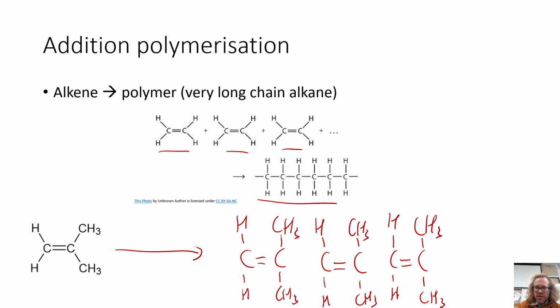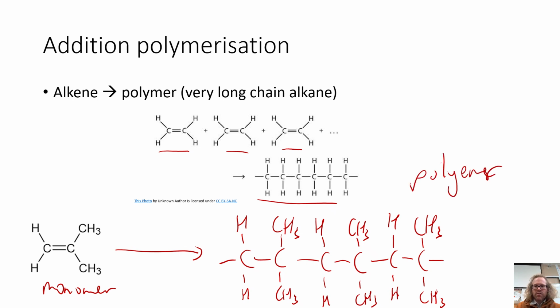Like so, connect them all up with the single bonds, and now we need to delete one of the double bonds because it's an addition polymerization. We've broken the double bond and added 2 new single bonds, and now the groups that we're adding are other monomer units. So this is the monomer, which is an alkene, and this is the polymer.